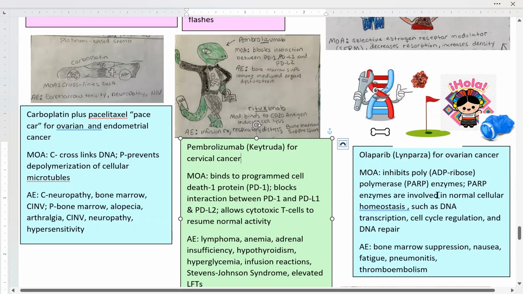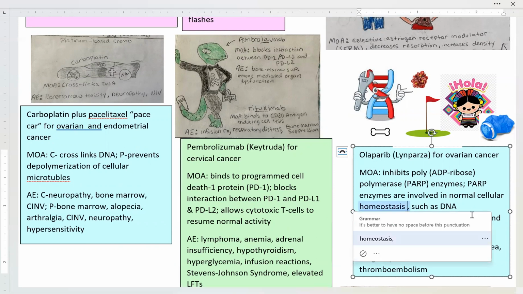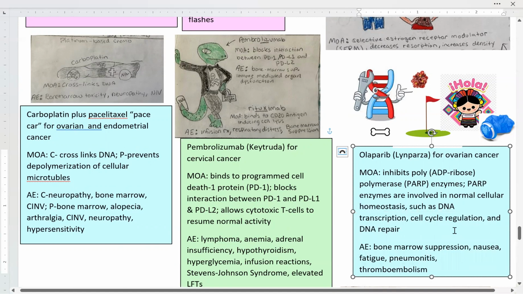PARP enzymes are involved in normal cellular homeostasis, such as DNA transcription, cell cycle regulation, and DNA repair. So it says PARP. So PAR, I think of golf. So that's why I have a little golf hole there for PARP.